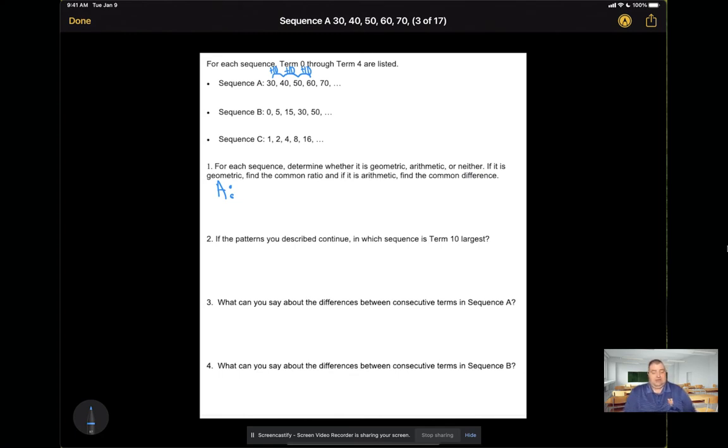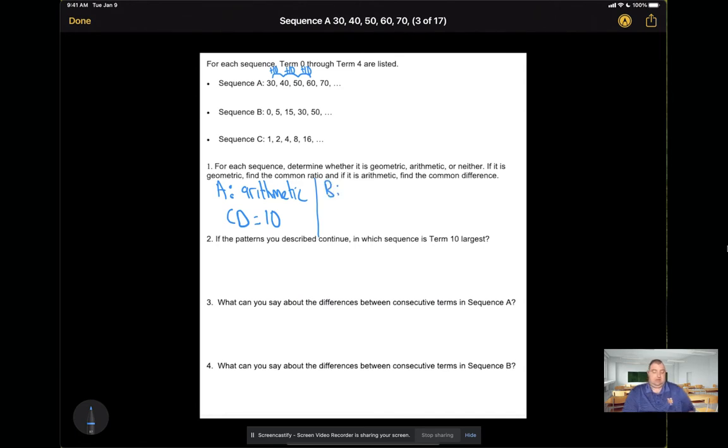So our pattern is to add, so we would say that that is an arithmetic sequence. And the common difference, which I will abbreviate CD, is 10, since our pattern is to add 10. So that's sequence A.